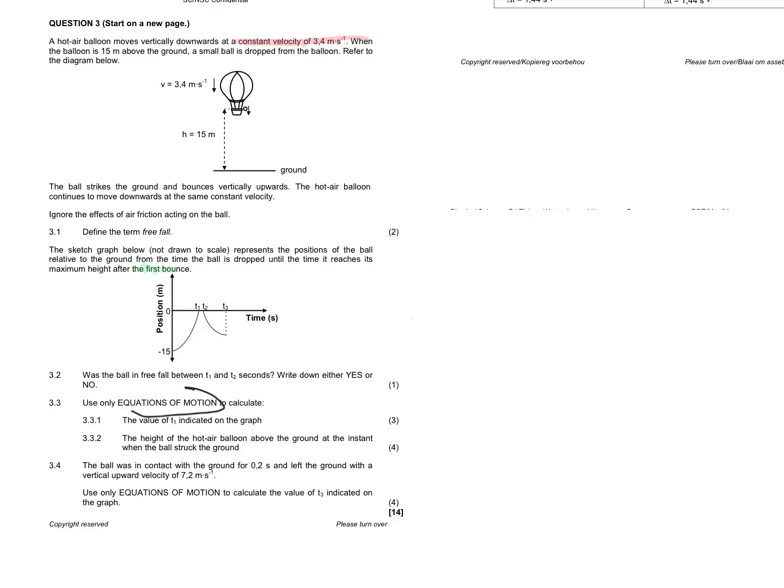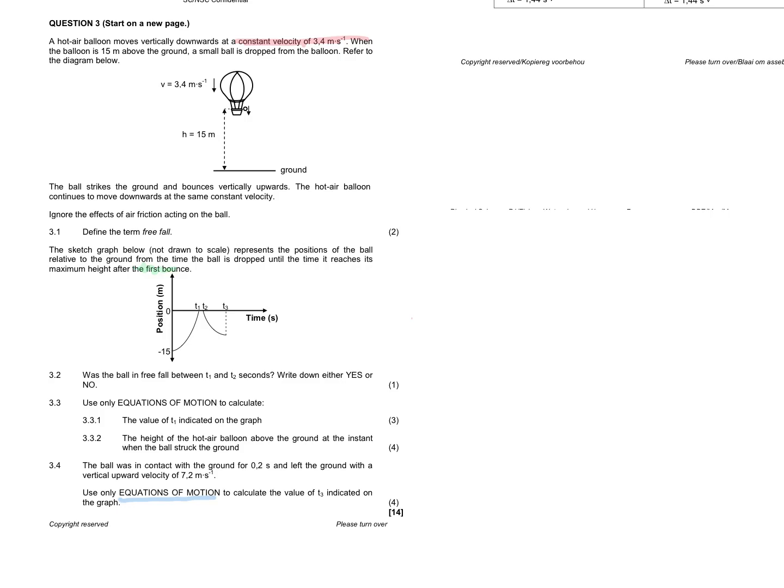So again, it's going to be more than just FSA. They say the ball was in contact with the ground for 0.2 seconds and left the ground with a vertical upward velocity of 7.2 meters per second. You are only allowed to use equations of motion to calculate the value of T3.